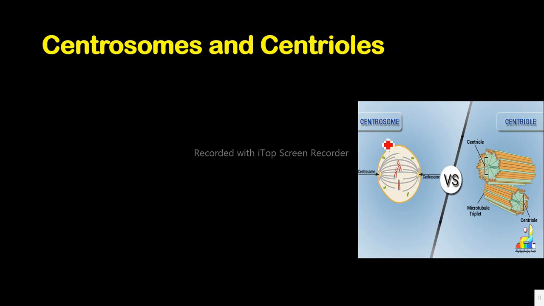Then finally, we have the centrioles or the centrosome. The overall complex, if it is one like this, is called a centriole. But if there are many, the whole complex is called a centrosome.